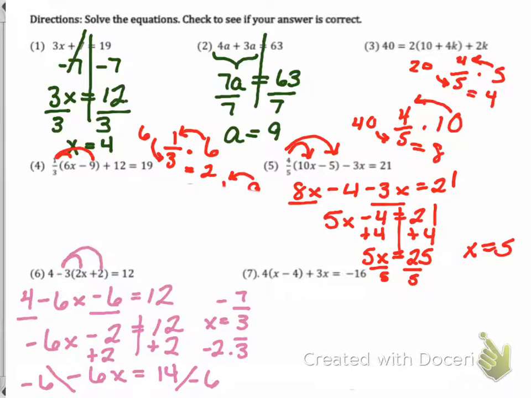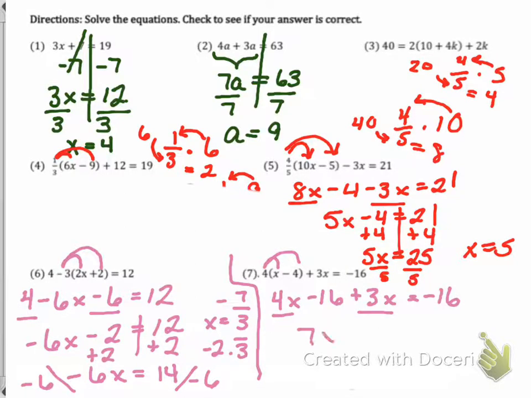And then in number 7, you would have distributed the 4, and you would have had 4x minus 16 plus 3x is equal to -16. Then combine like terms, so we get 7x, and then we bring down the -16 is equal to -16.